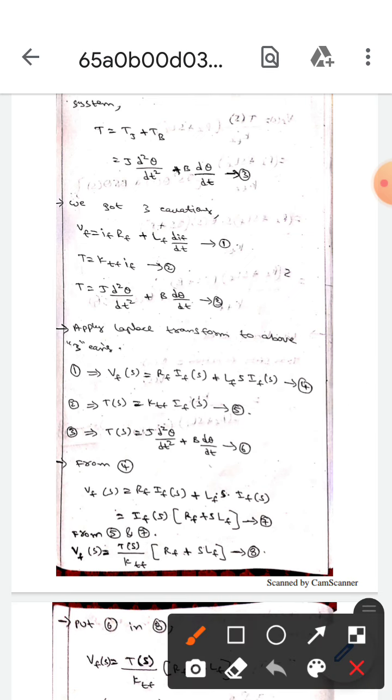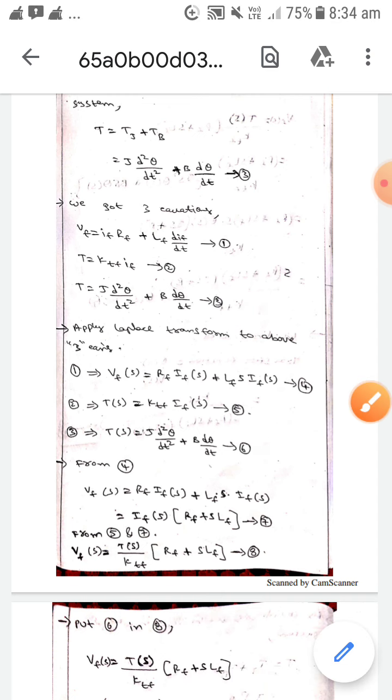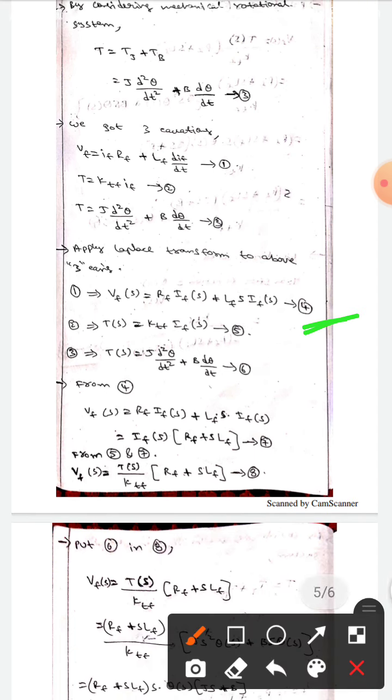Next we apply the Laplace transform to equation 3. Then we will get T of s equals J into s square theta of s plus B into s theta of s. Let it be equation 6. Here from equation 4 we can write like this. Then if we take If of s common, we will get this. Let it be equation 7.